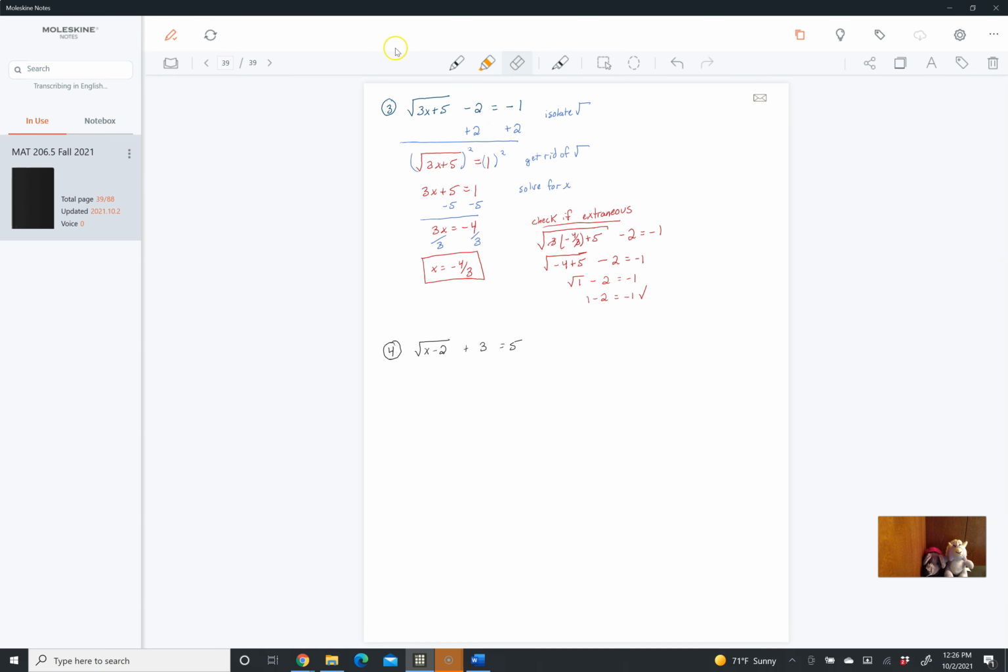So we're going to subtract 3 from both sides. That's going to give us square root of x minus 2 is equal to 2. Square both sides.